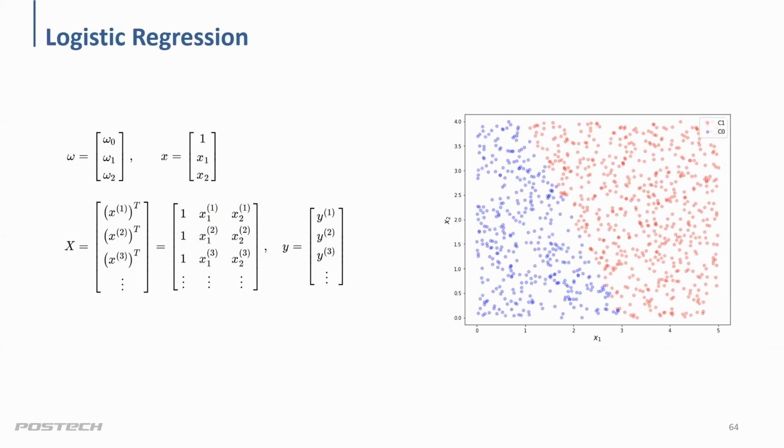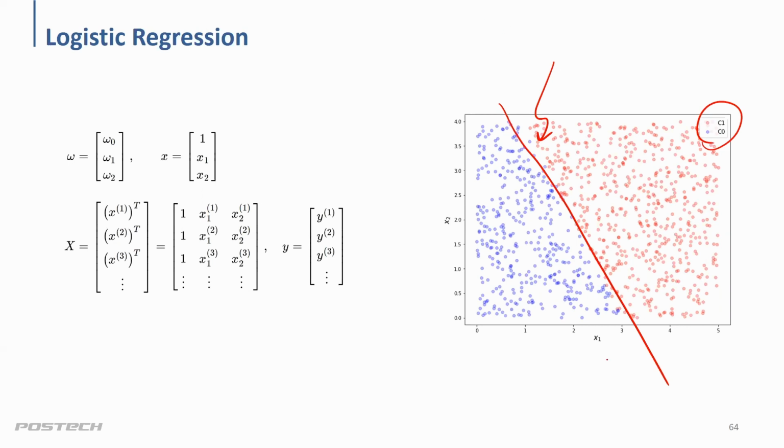Suppose we have this kind of binary classification problem, and as you can see, I want to find this linear classifier and decision boundary using logistic regression.